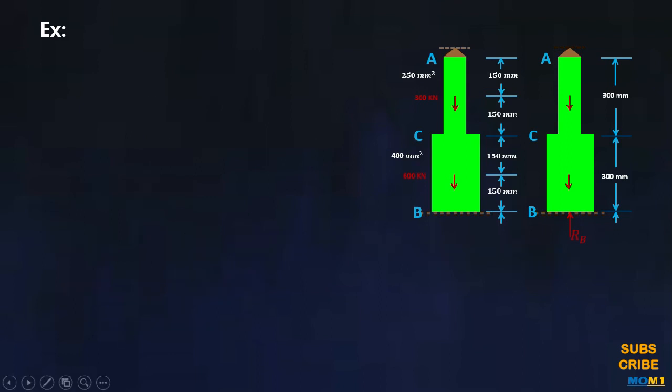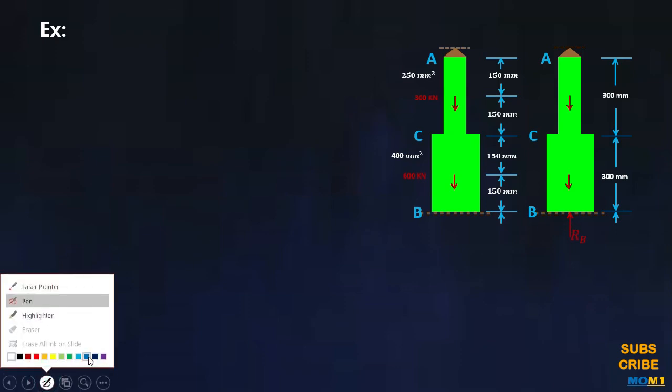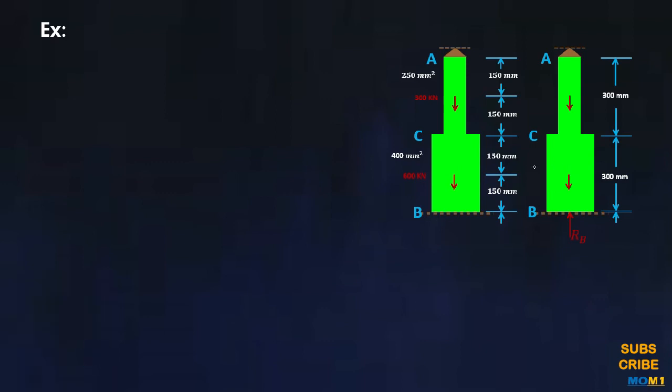Now for the calculation of the redundant reaction, we are using only two sections, on the basis of cross section area, because the force is going to be the same for two of the sections, only the cross section area differs. So we are dividing it into two sections, section 1 and section 2.